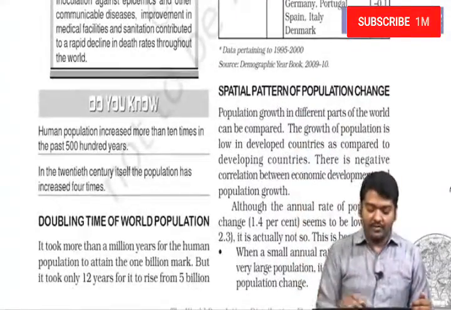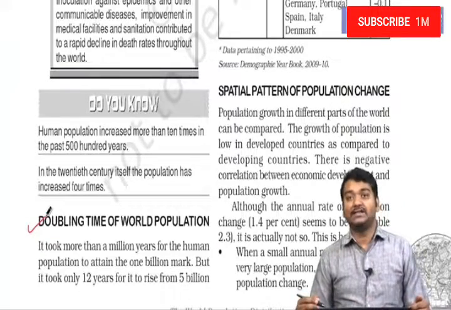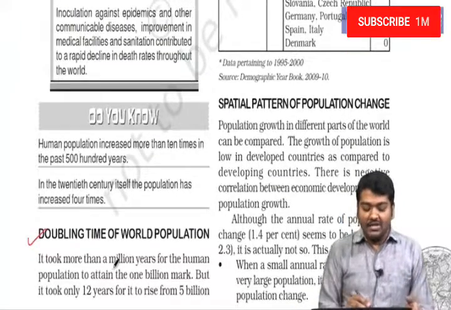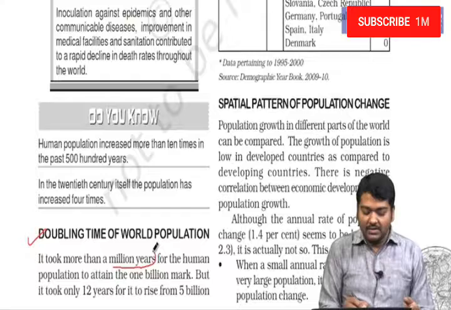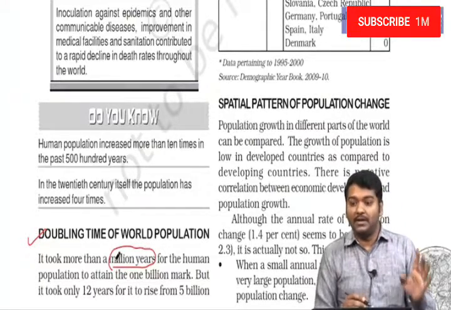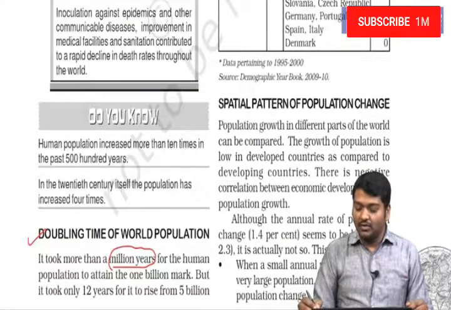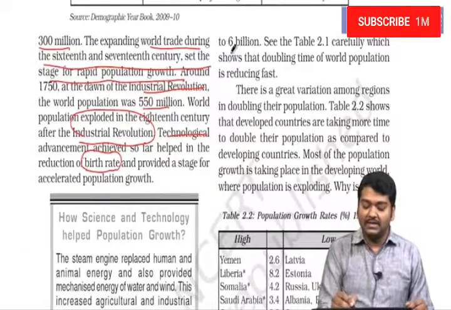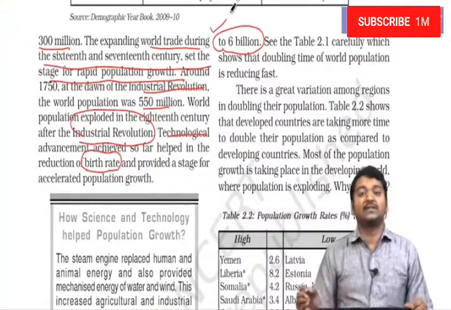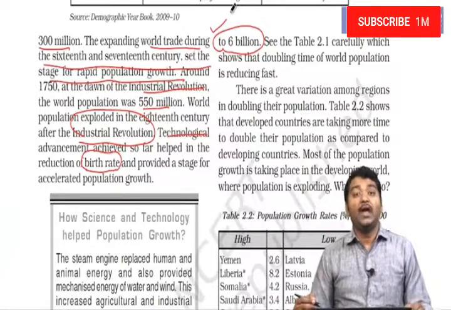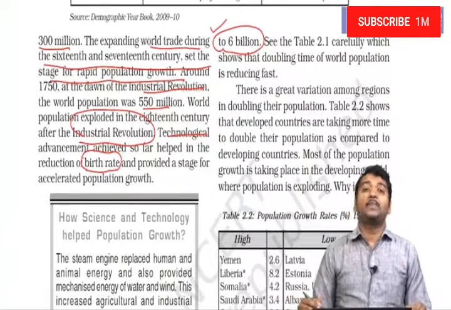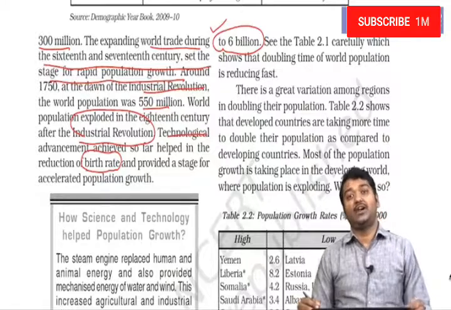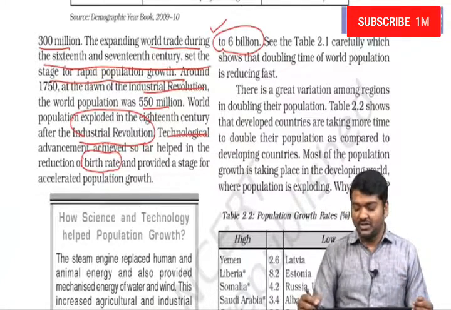But over a period of time, we have seen that the doubling has taken place very quickly. Initially, it took more than a million years for population to come to 1 billion, but today it has taken only 12 years to rise from 5 billion to 6 billion. This is when the world started realizing that the population is really exploding and measures need to be taken, and pressure came on India, China and other countries to reduce the population as much as possible, right?